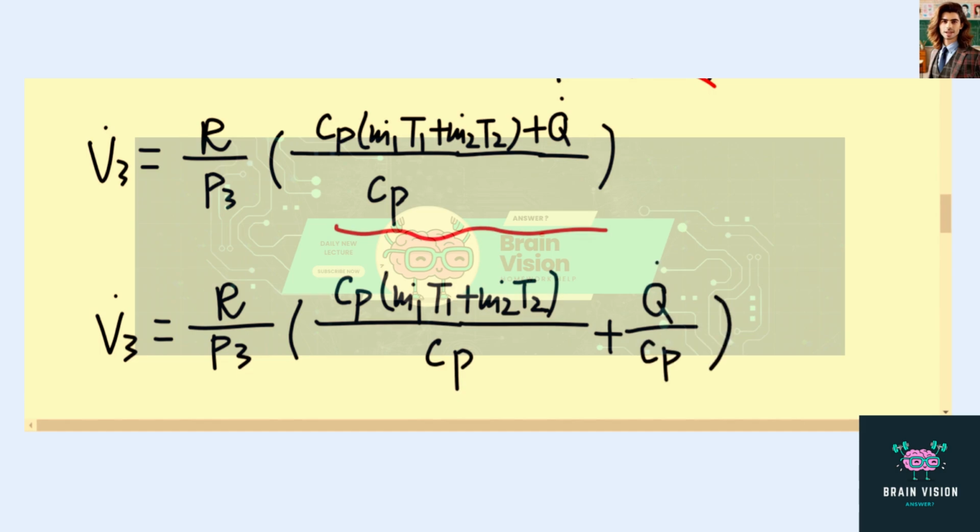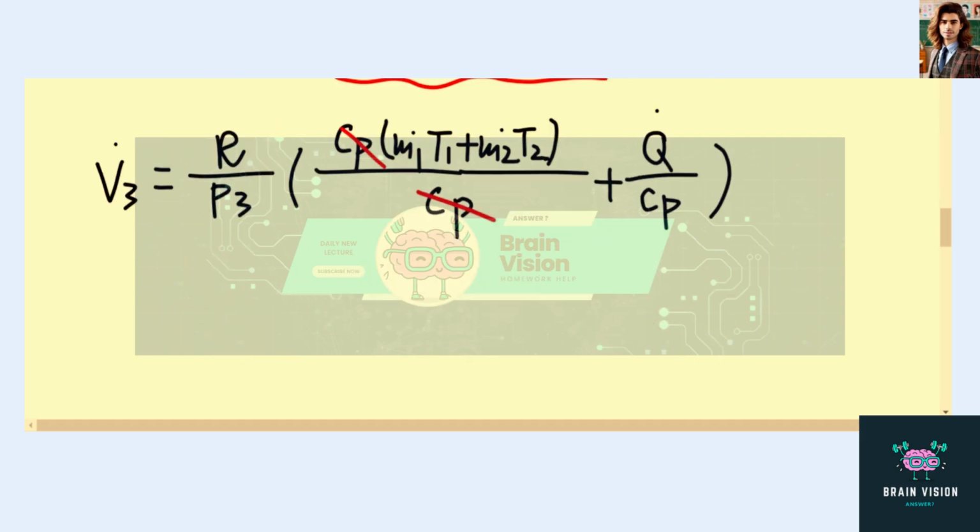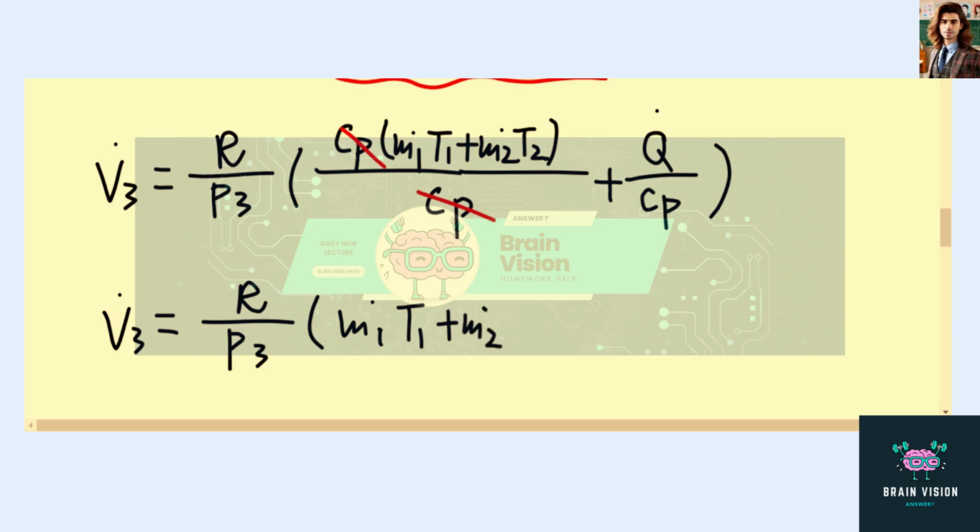And as you can tell, Cp here can be cancelled out. So this will give us V3 dot equal to R over P3 times M1 dot T1 plus M2 dot T2, plus Q dot over Cp.